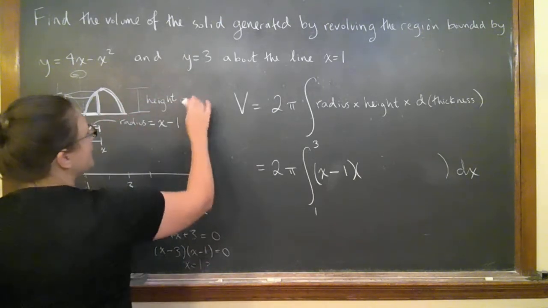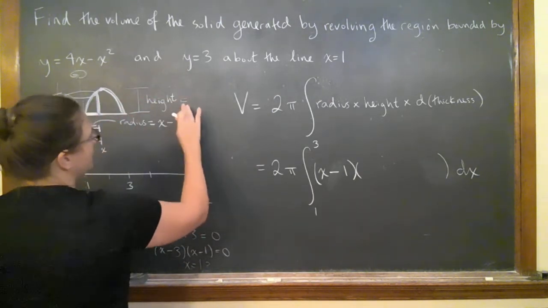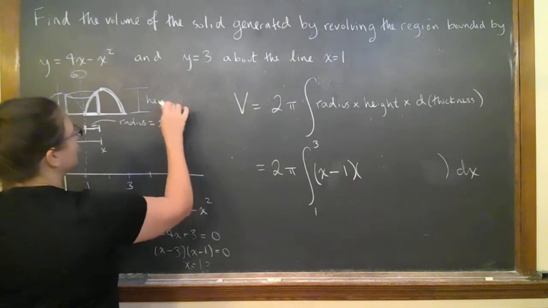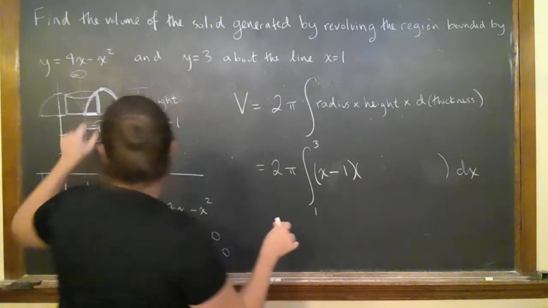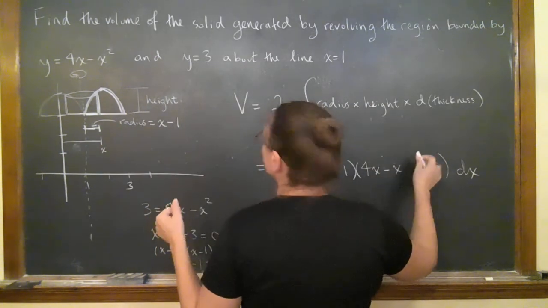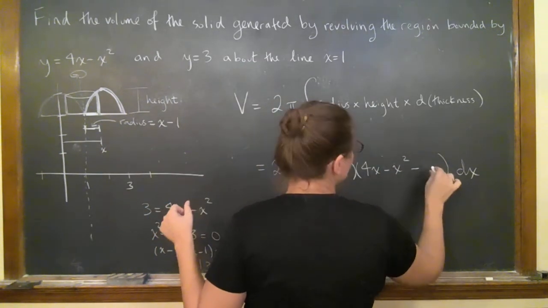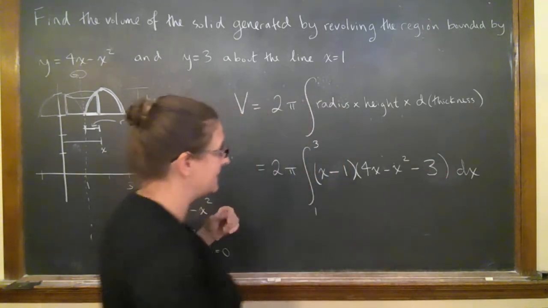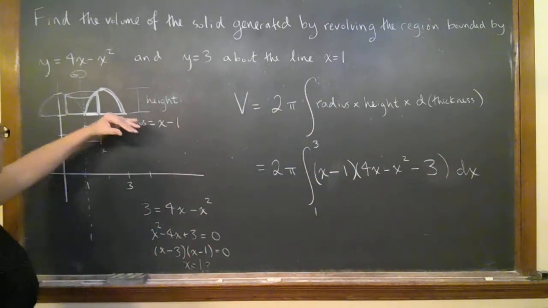However you want to think about it, I'm taking the bigger curve minus the smaller curve, which in my case ends up being a line. They wanted to cut that off.